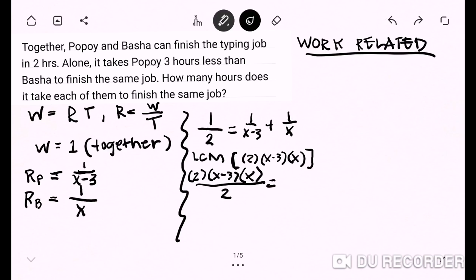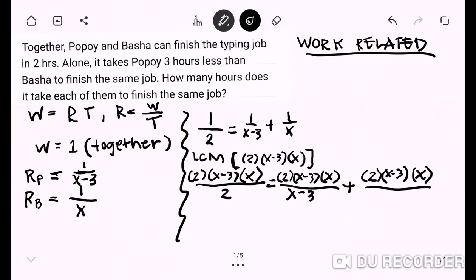So, we'll have 2 times x minus 3 times x all over x minus 3 plus, ganun uli, LCM, i-multiply naman natin dito. So, we have, again, 2 times x minus 3 times x all over x.